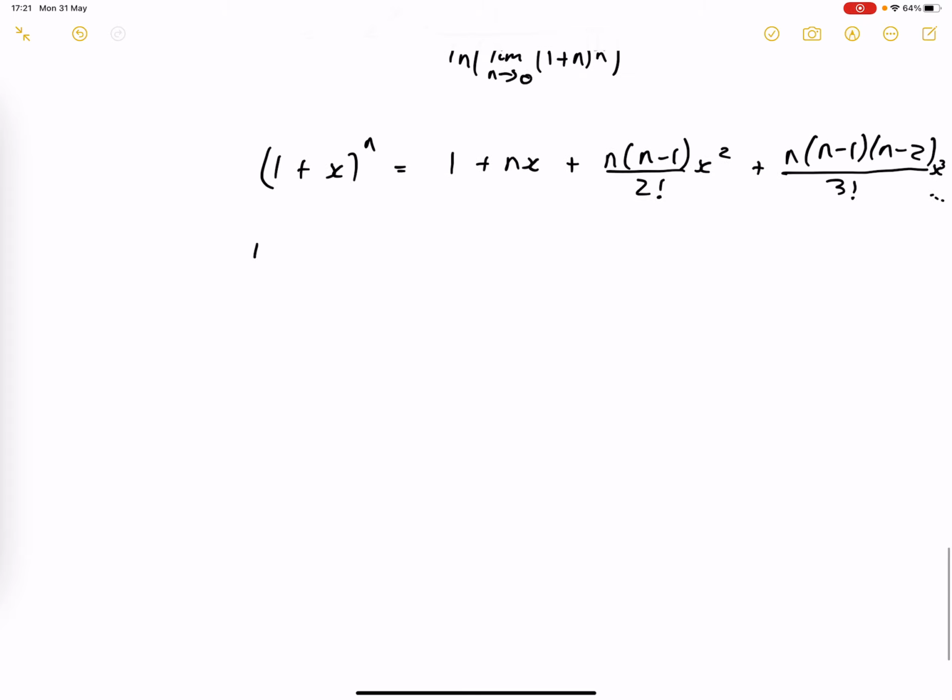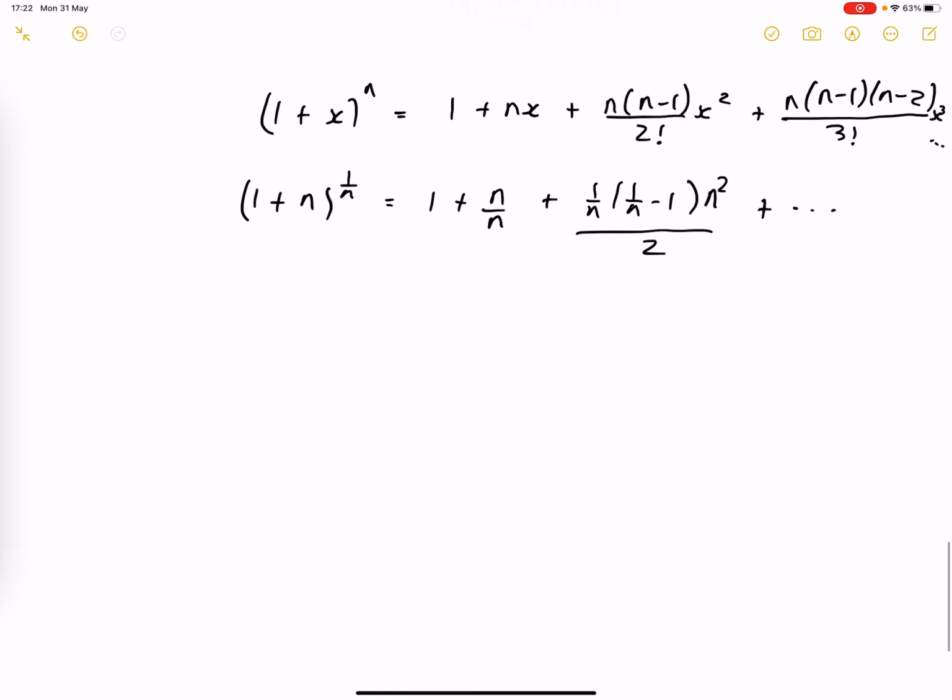This time we're dealing with 1 plus n to the 1 over n, and that will be 1 plus n over n plus 1 over n times 1 over n minus 1 times n squared over 2, and you get the idea. So just substituting 1 over n in for n, and substituting n in for x, if that makes sense.